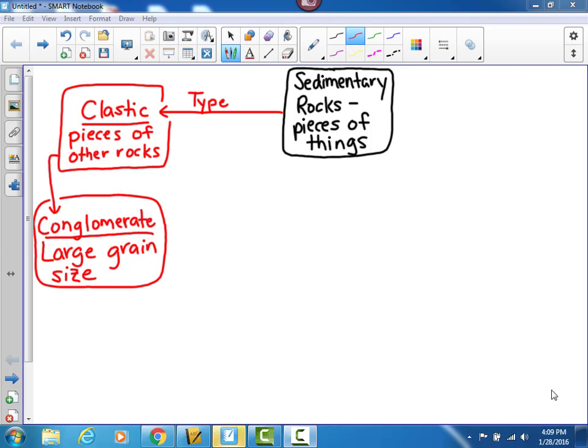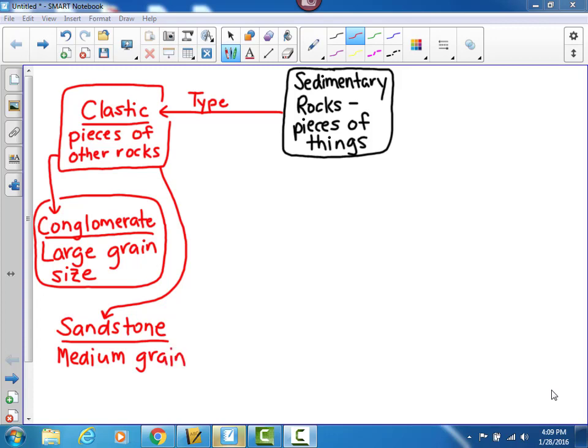The next clastic sedimentary rock that we'll talk about, I'm going to snake that one down here, is called sandstone. And you could probably take a guess what sandstone is made of. Pieces of sand. So this one has what we call a medium grain size.